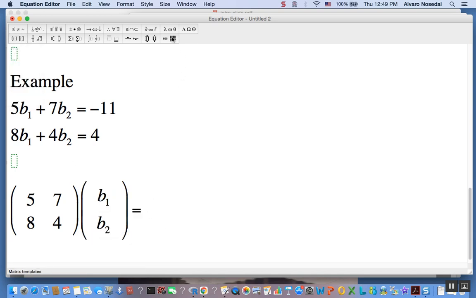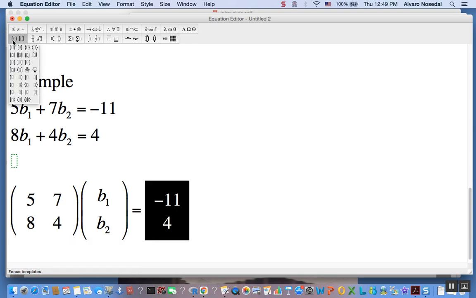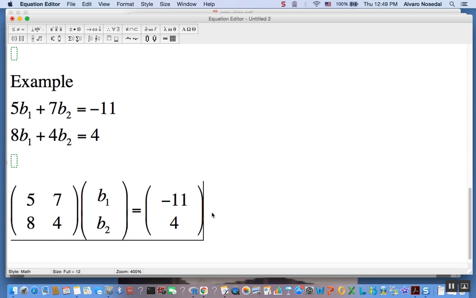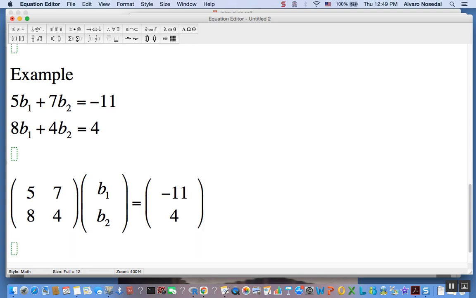And we have another vector here. Okay. Now let me use notation for these.